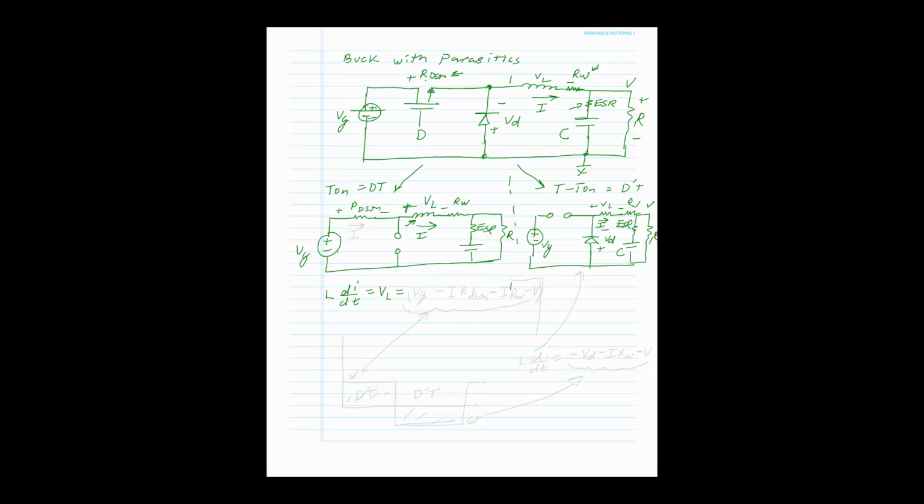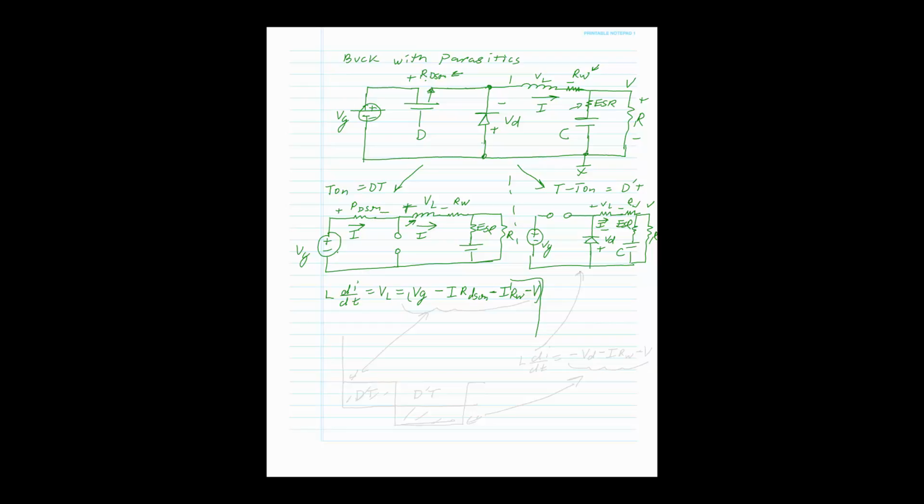That is equal to VG minus the current, which flows through here too, I, times RDS on, minus I times RW, minus V. This is for the time on period.